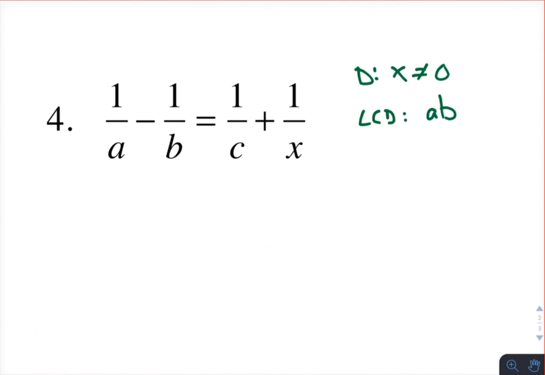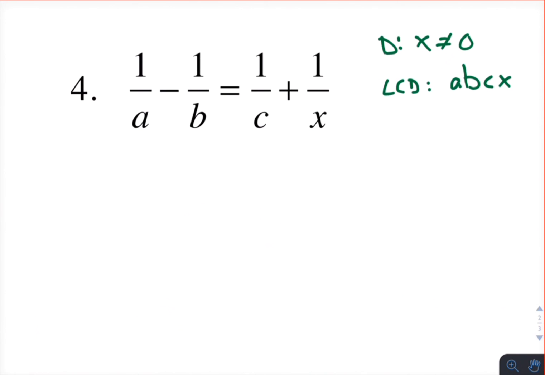And then lastly here, the domain is x cannot be 0, and our LCD is abcx. So I'm going to end up with bcx minus acx equals abx plus abc. Since I'm solving for x, anything with an x needs to get on one side of the equation. So let's bring the abx over.